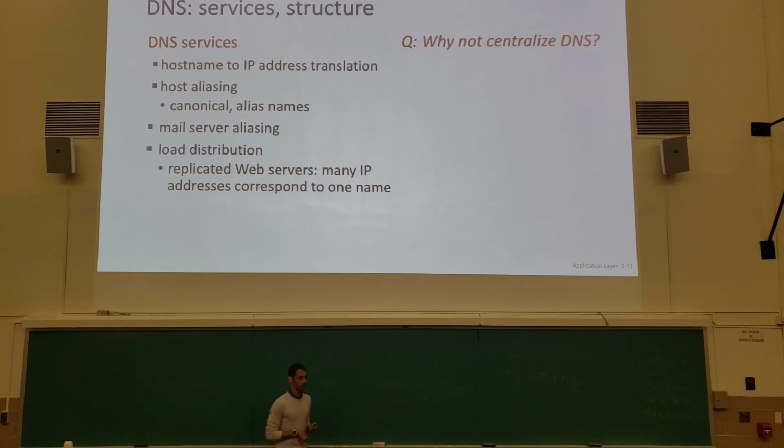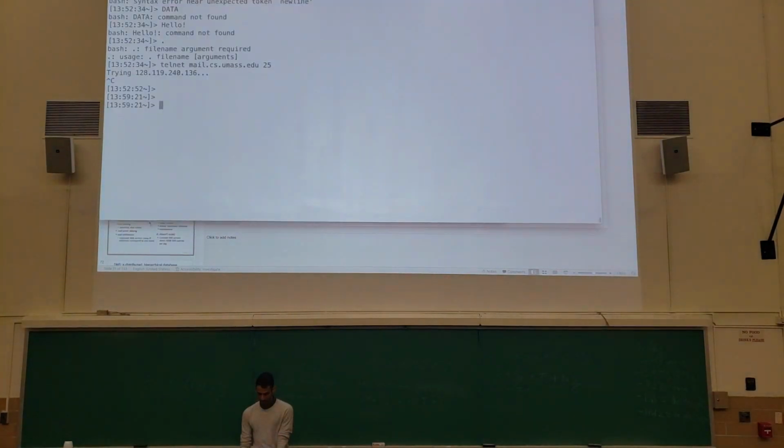It allows you to also load balance or distribute load across replicas of the server. So if I go to my command line, nslookup is a common command for name server lookup. dig is another popular command line command for DNS.